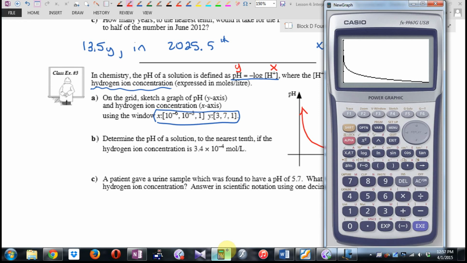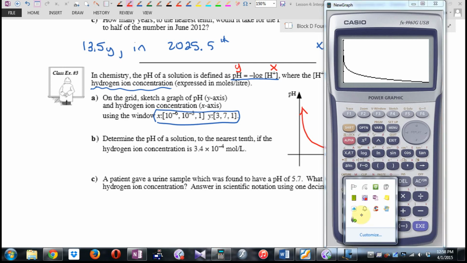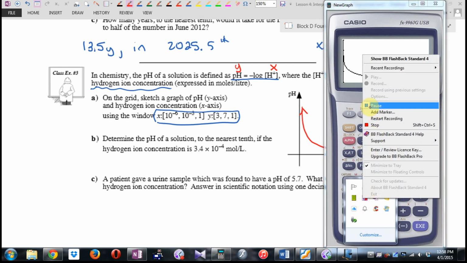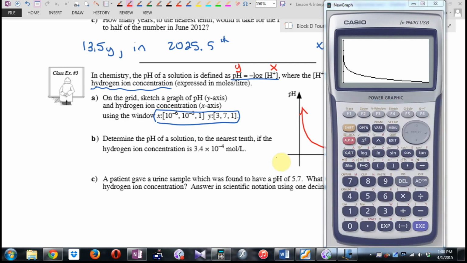Anybody not get that? Rachel, what does B want me to find? Stop. Go look at the original equation up there, and I'm going to ask you the same question. Guys, I need you to stop talking.